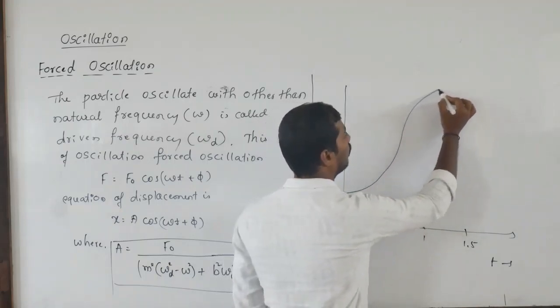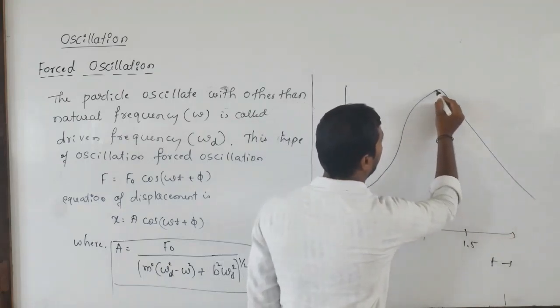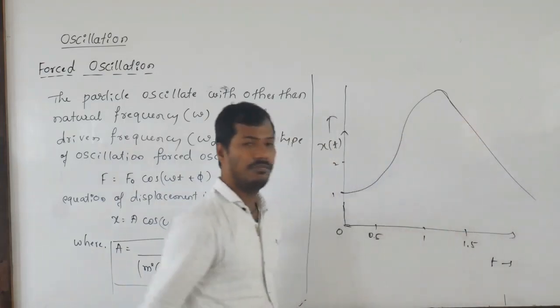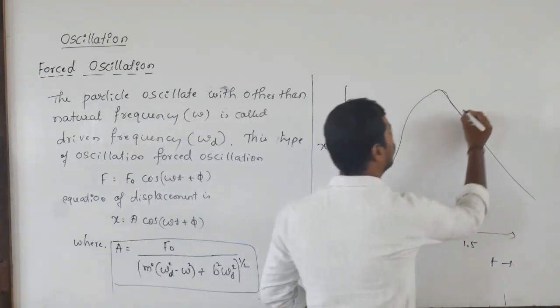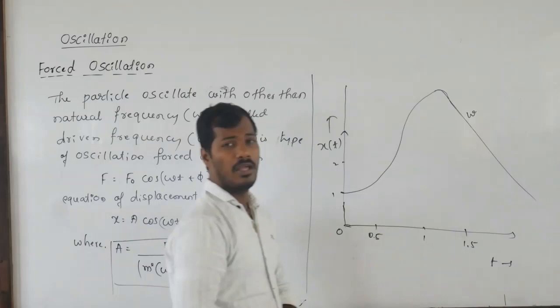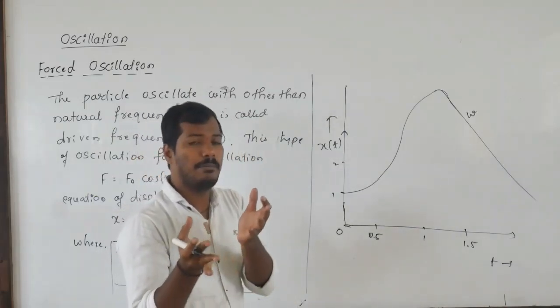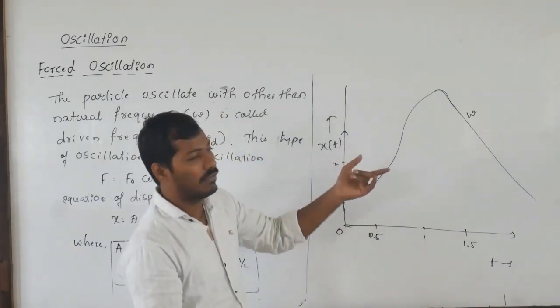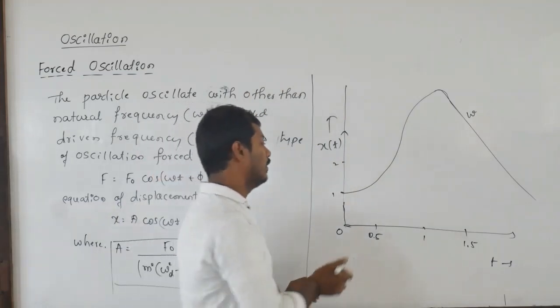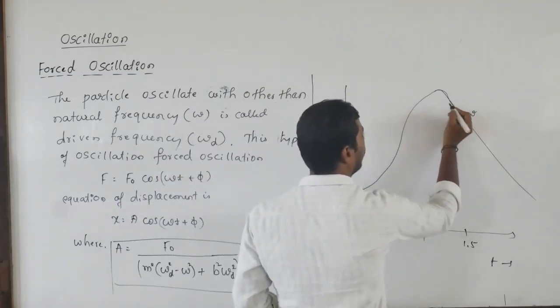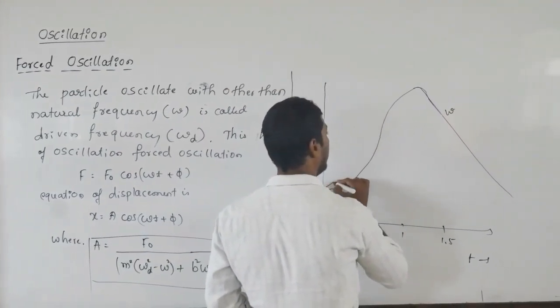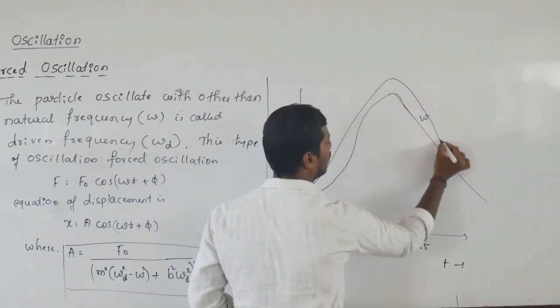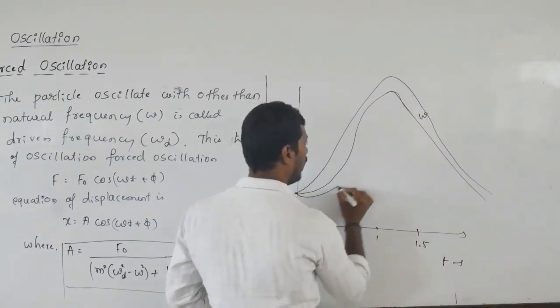I will draw first one for the natural frequency like this, called omega. The driven frequency may be less than the natural frequency or greater than the natural frequency. The curves are like this, or like this.